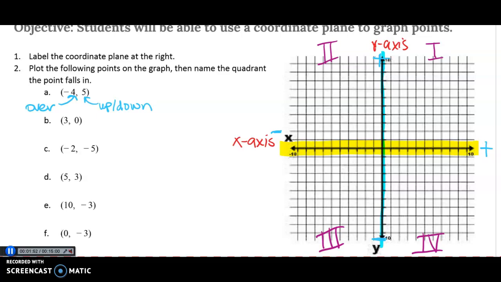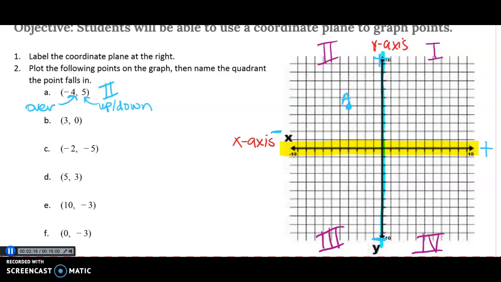So if I want to go to negative 4, 5, I'm going to go to the left 4, and then I'm going to go up 5, and I'm going to put point A. Since my labels are still there, I can see that I am in quadrant 2 for that question. Letter B goes 3, 0.